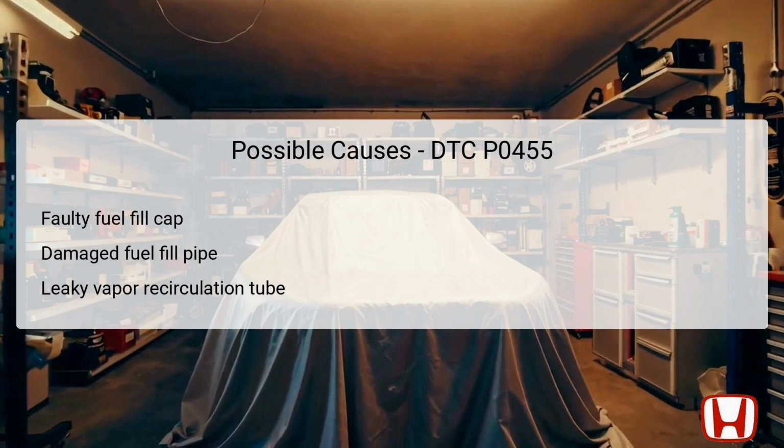A leaky fuel tank vapor recirculation tube is another possibility, as it connects various components of the EVAP system. Each of these problems contributes to a significant leak within the system, triggering the DTC indicator. Assessing these components thoroughly is crucial for resolving issues effectively.